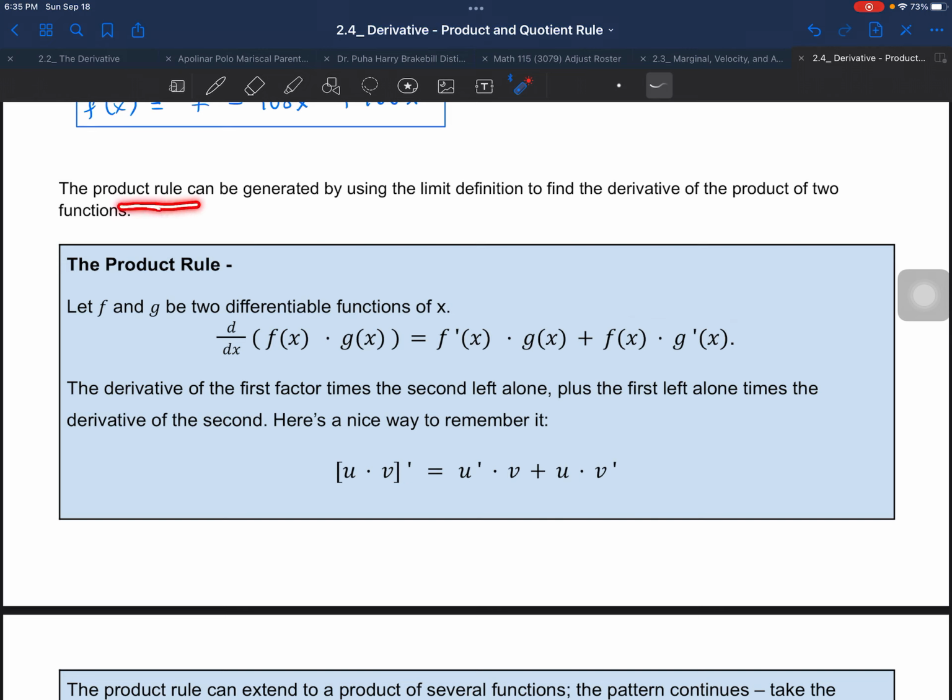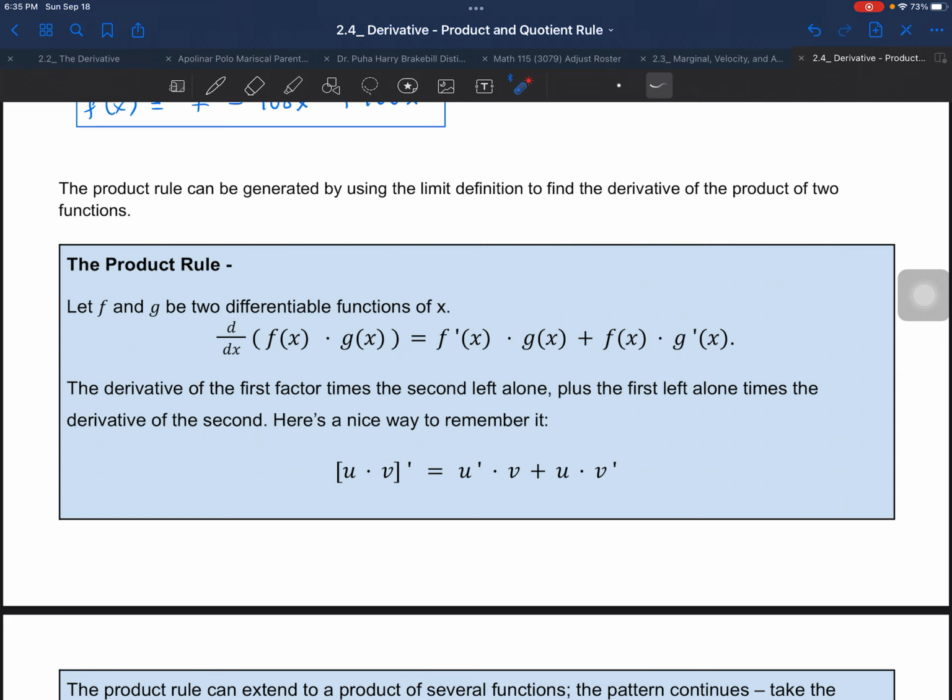This actually came from using the limit definition from 2.1, right? That long definition of the derivative. You can use that to actually find this general formula. Of course, we're not gonna go through that, but you could generate it from there.